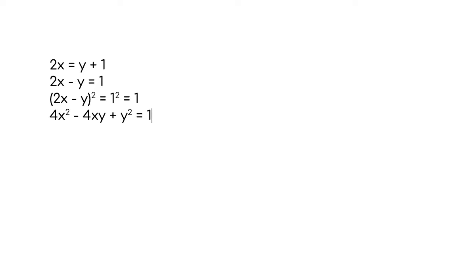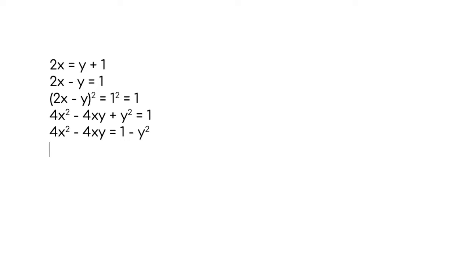Now, so that we make this equation easy to factor in a different way, we're going to move the y squared back to the other side. So that would make it 4x squared minus 4xy equals 1 minus y squared.